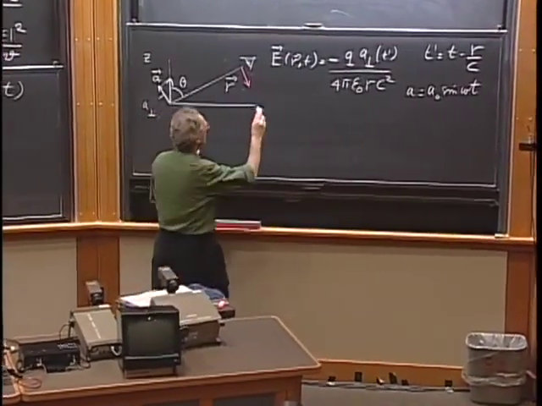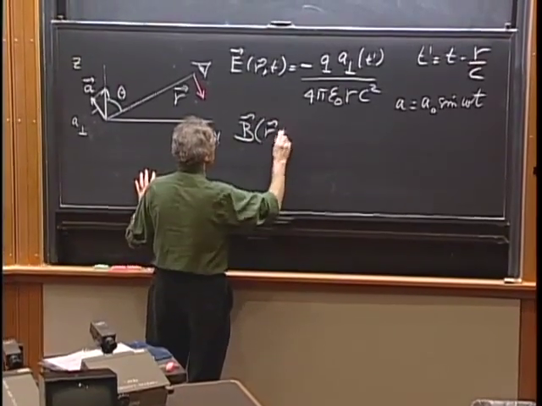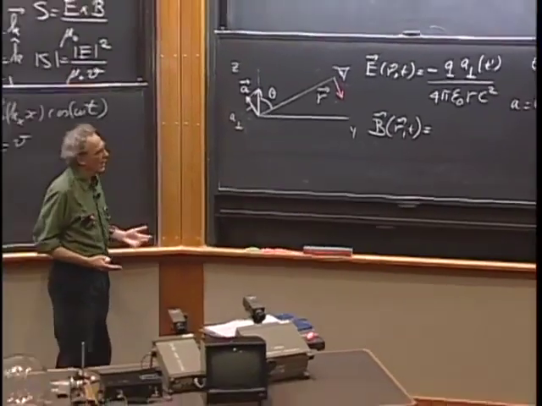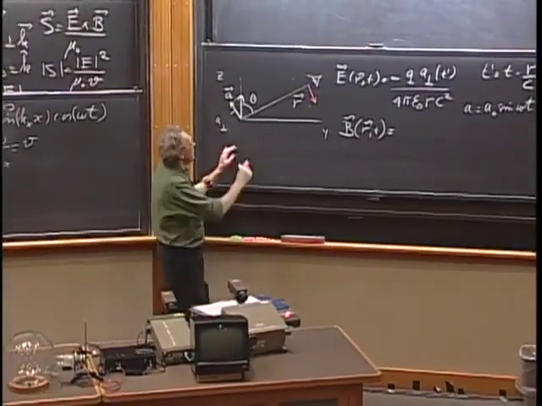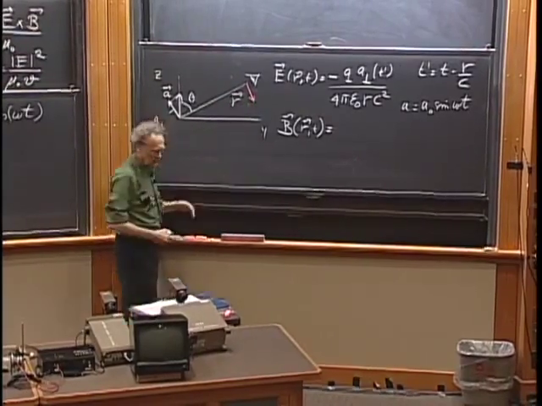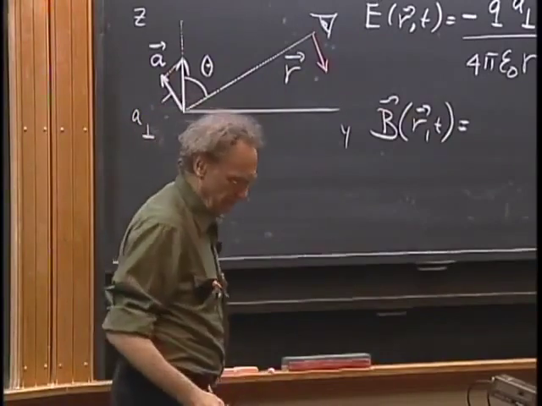The associated B field has all the ingredients that we are familiar with. It's perpendicular to E, and the B field must also be perpendicular to the direction of propagation, which in this case is r. And E cross B will also be in this direction.